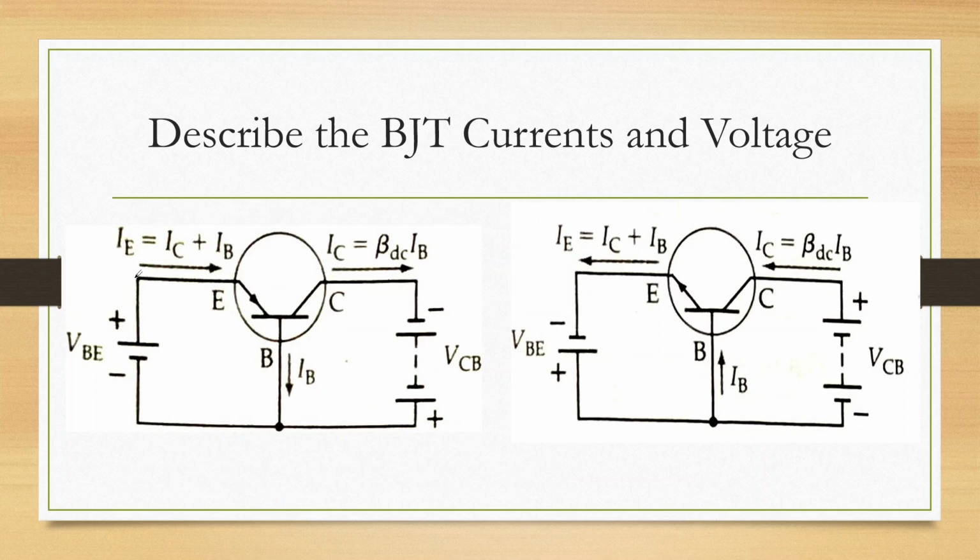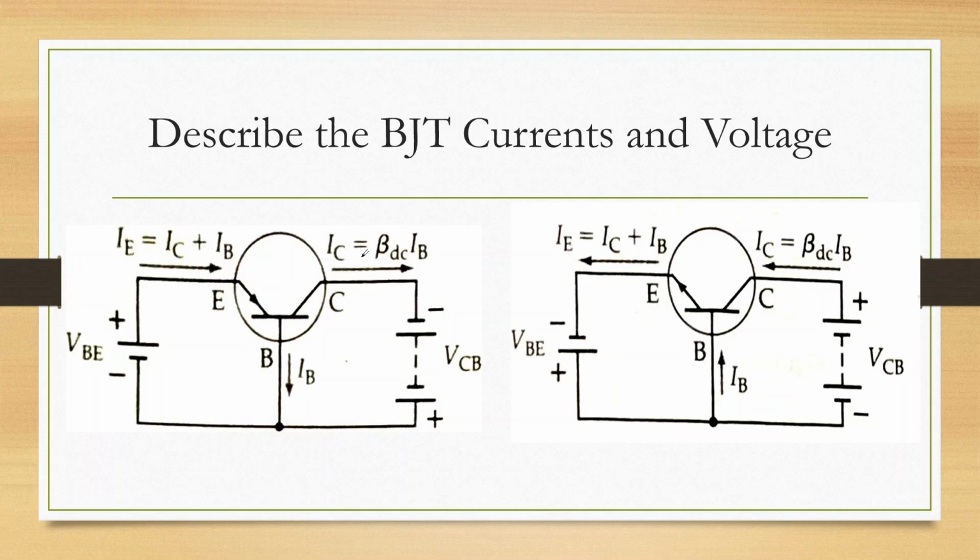So with this you can see here, the entering current, or the current which is emitted due to the flow of majority carriers, is the emitter current. The collector current and the base current are the byproducts of this emitter current. So we can write IE is equal to IC plus IB.